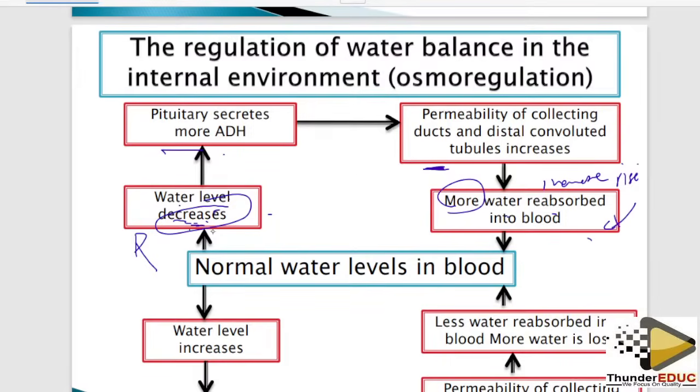Water level decrease. The pituitary gland. Some students have confusion here. Which gland produces ADH? The gland is the hypothalamus. Why are we talking about the pituitary gland here?